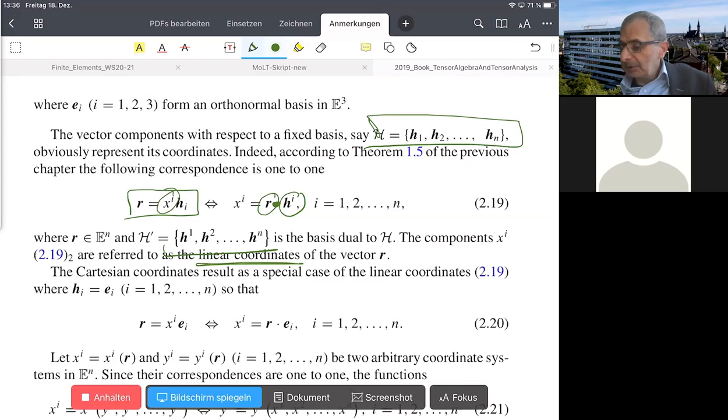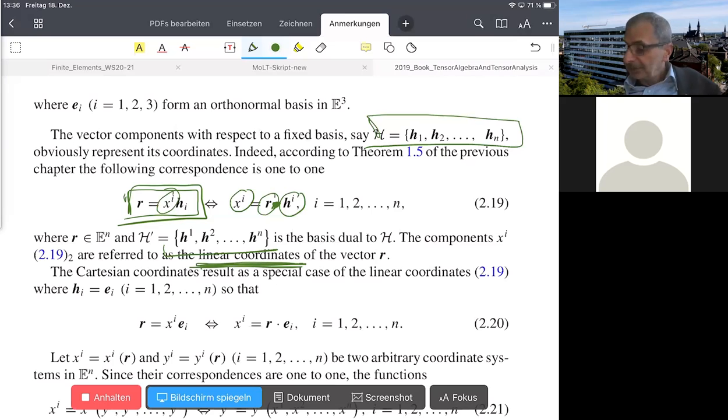Then I get my components. So this is a unique definition, right? From these values xi, I can always get my vector, and vice versa. If you know my vector, I can multiply it by the dual vectors h and get my components uniquely, a one-to-one correspondence, right? And this means that in this way, we can define a coordinate system. And this coordinate system is called linear coordinate system, linear coordinates, right?